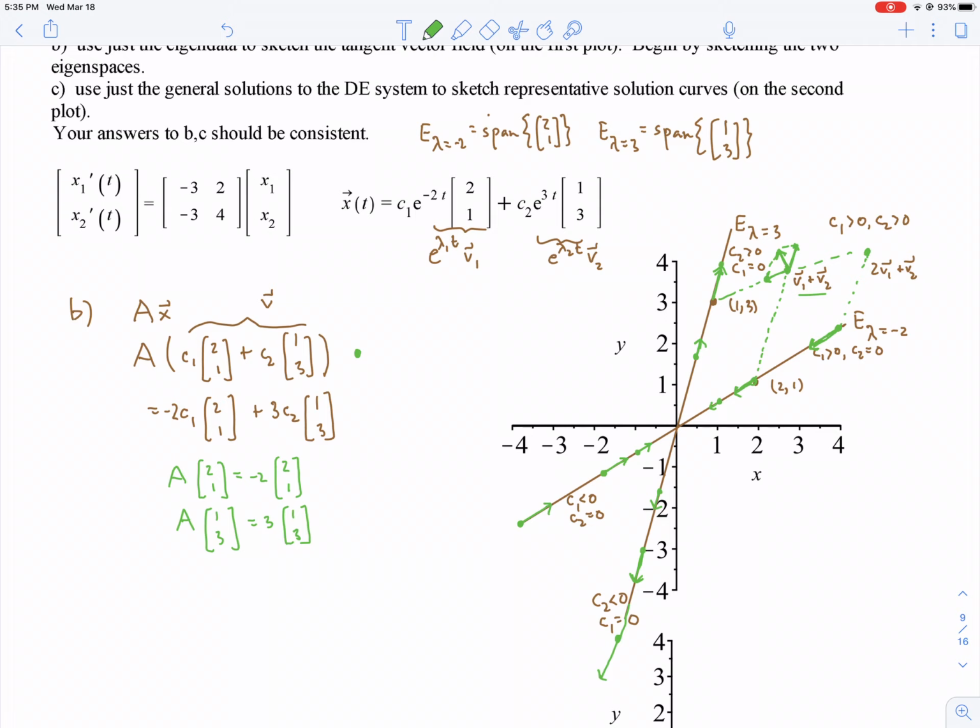So let me do that. So it's something like this plus this plus this. And the resulting arrow from vector addition is that.